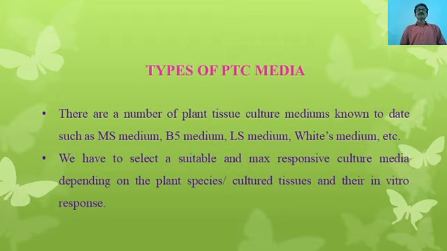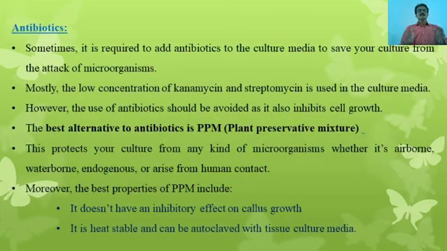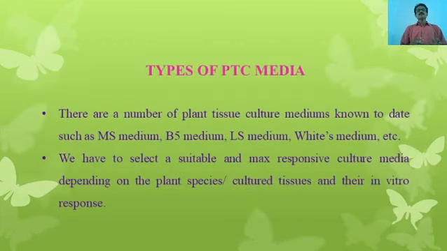Now starting with another aspect, that is the types. Up till now we had seen the different components, or the composition, of plant tissue culture media. Now we will see the different types of plant tissue culture media. Depending on our requirement, we have to take a specific type of culture media.